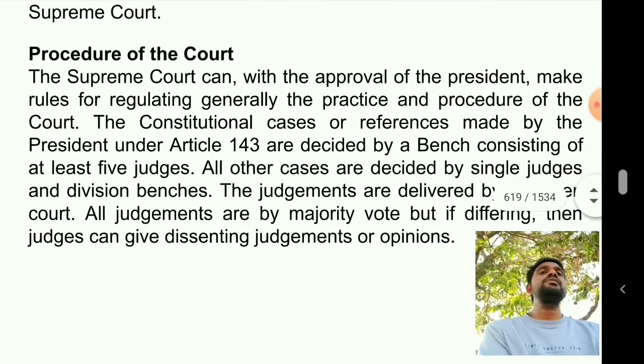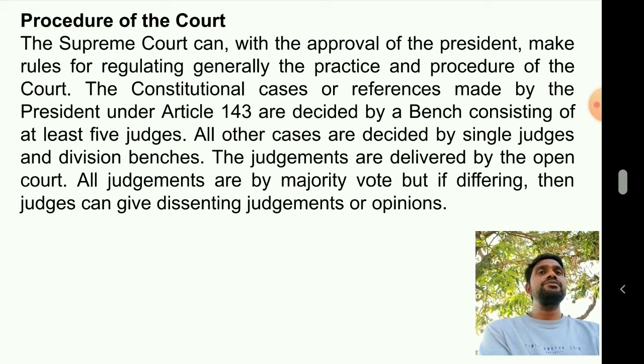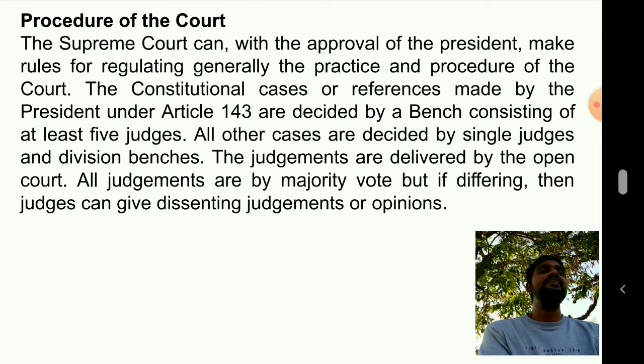Next is procedure of the court. The Supreme Court can, with the approval of the President, make rules for regulating generally the practice and procedure of the court. The constitutional cases or references made by the President under Article 143 are decided by a bench consisting of at least 5 judges.